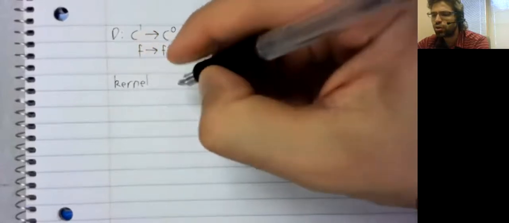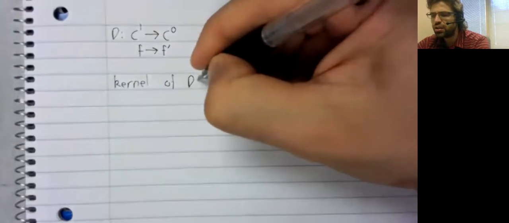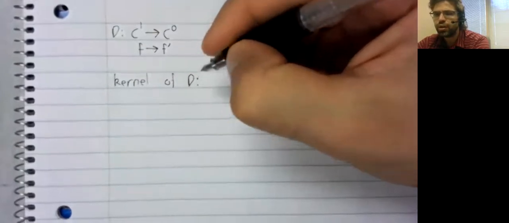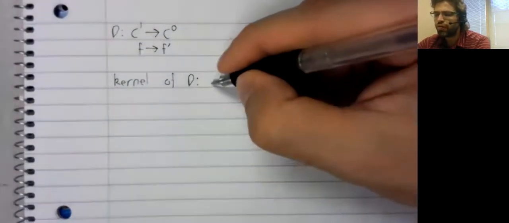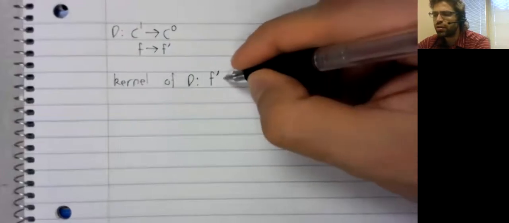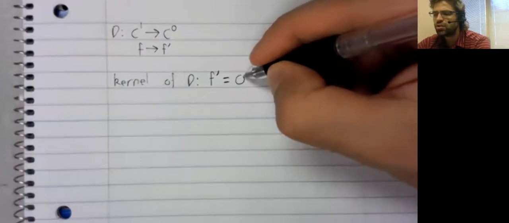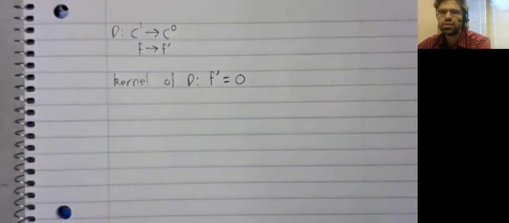The kernel of D: we're looking for functions whose derivative is the constant function 0.